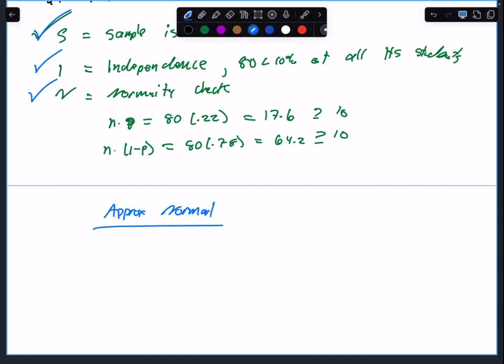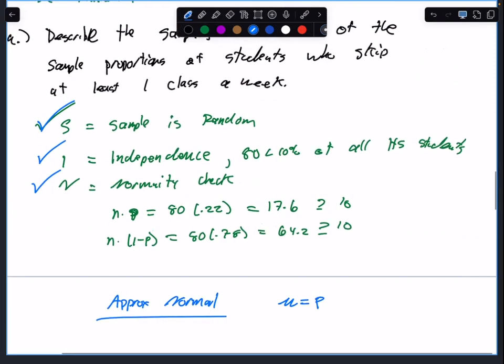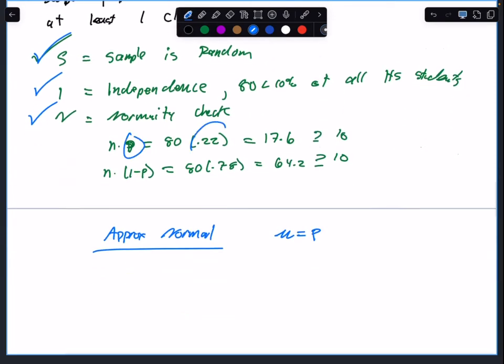Approximately normal. Well, what's the mean? Well, the mean is P. We have P right here, right? We know what P is. It's 0.22. And the standard deviation would be the square root of P times 1 minus P over N, which is the square root of 0.22 times 0.78 over 80.